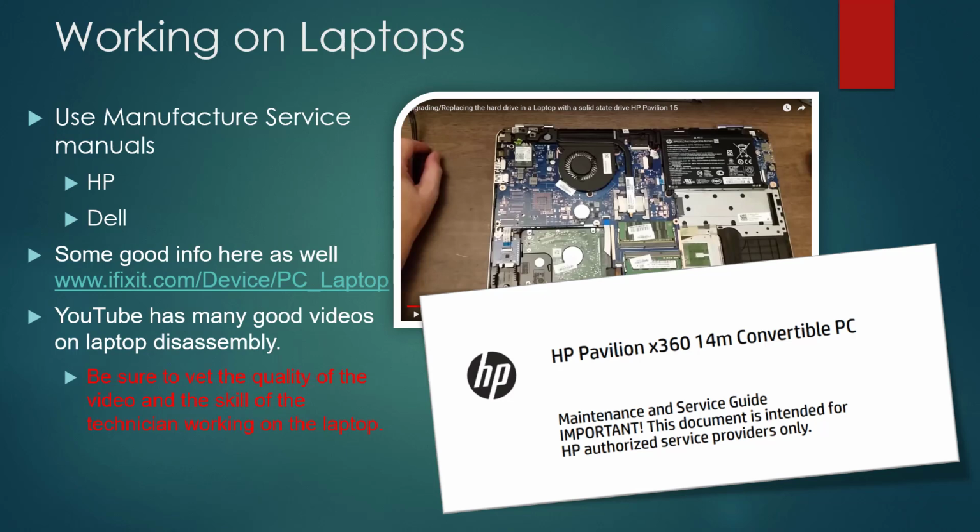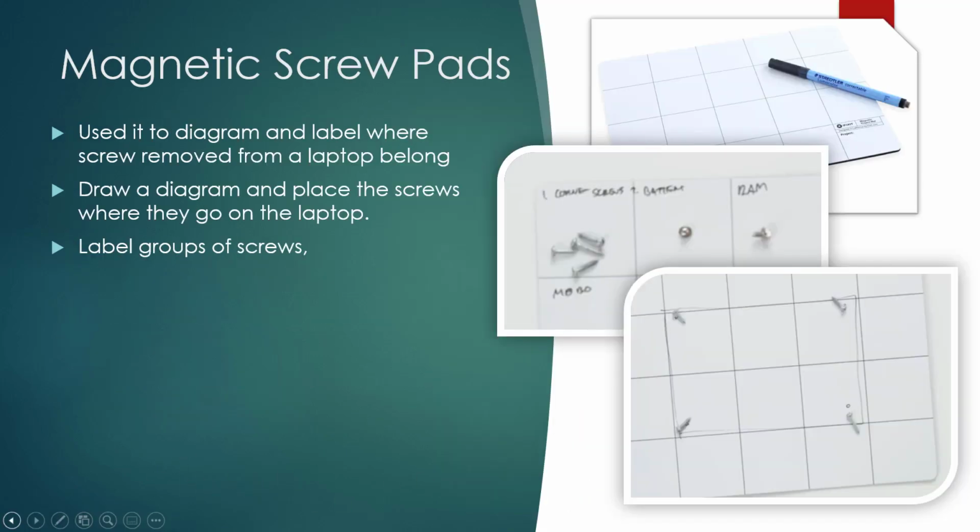If you're working on somebody's laptop that's one of these two brands, go get it and use that. iFixit's got some good guides. YouTube has many good videos on laptop disassembly, but be sure to vet the quality of the video and the skill of the technician working on the laptop. I already talked about that. There's a lot of incompetent people that make laptop repair videos, and you don't want to be using them as a guide.